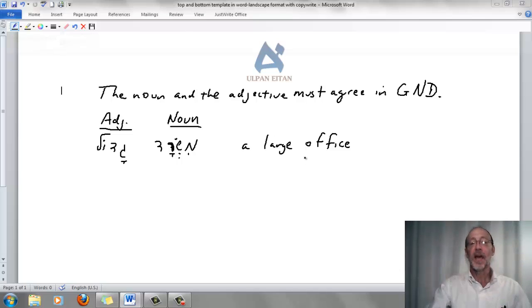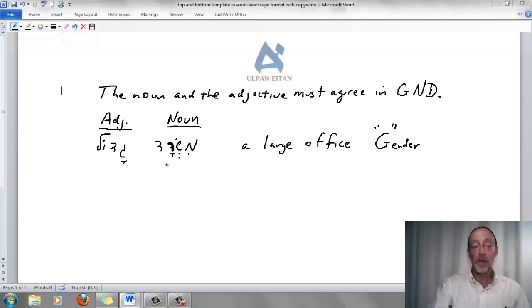Misrad gadol. And this is going to be called an example of G, which is really the shorthand for gender, which really means masculine or feminine. Okay? So that's an example of the G aspect of the noun and the adjective must agree in G, N, and D. You have to be able to identify the gender of the noun.